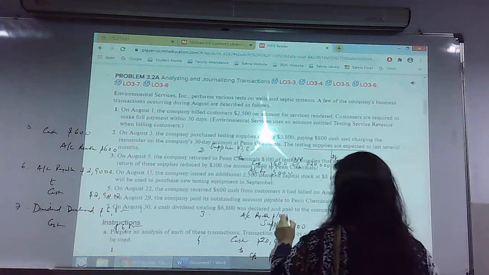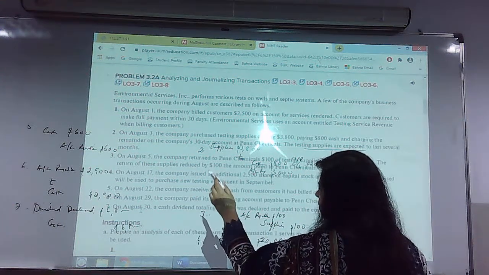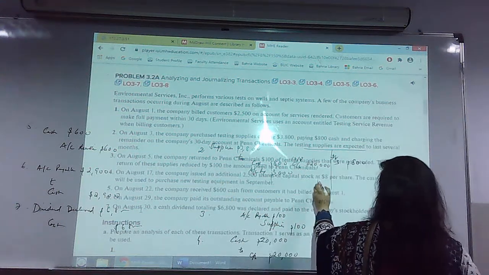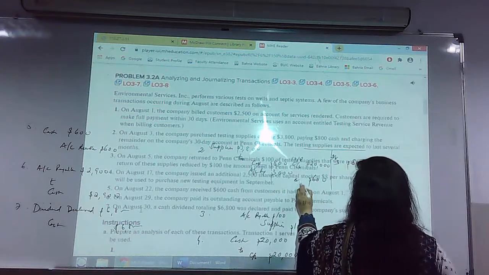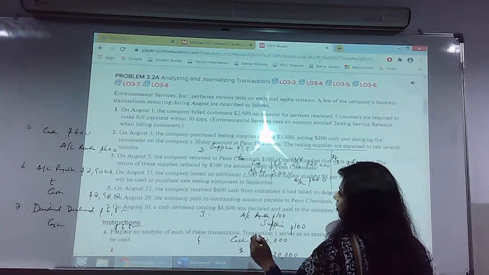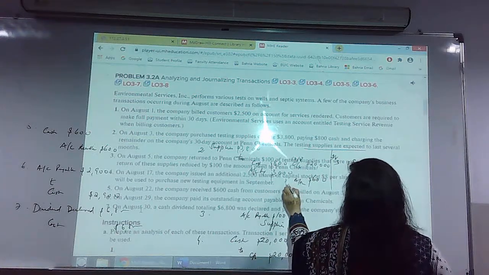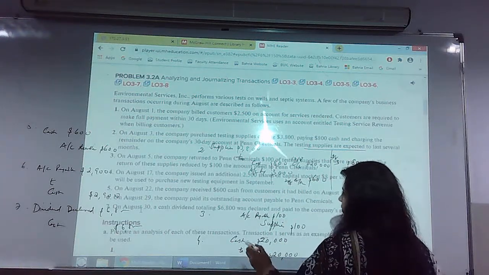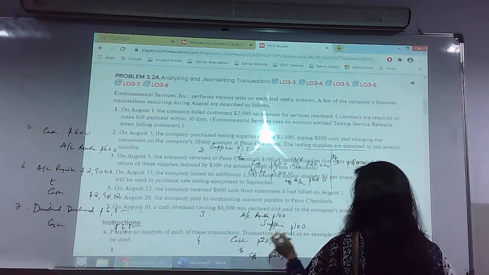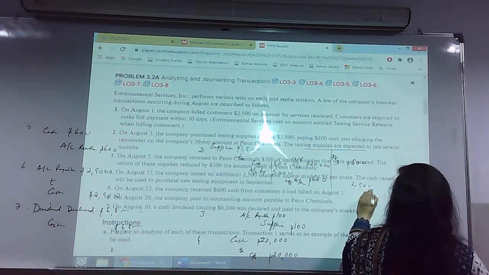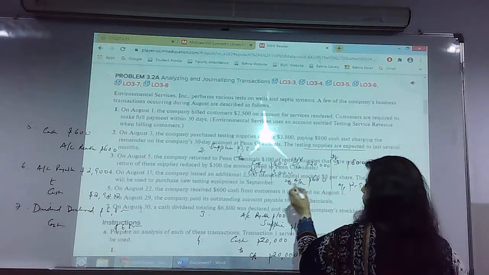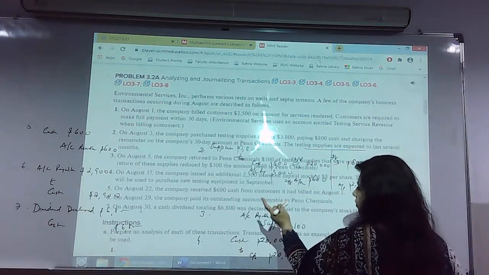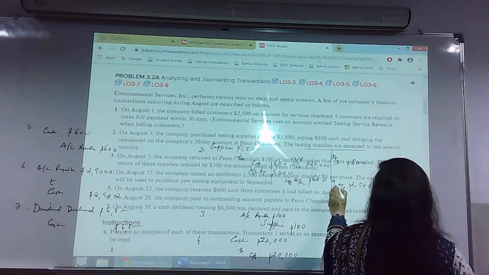Similarly, you can see where else is cash involved. Then you have cash debited for $600, and that is against accounts receivable AR, and this is entry number 5, so you can see this is on 22nd August. And then you have in the next again 2,900 is credited, and this was against accounts payable, and date was on 29th August.